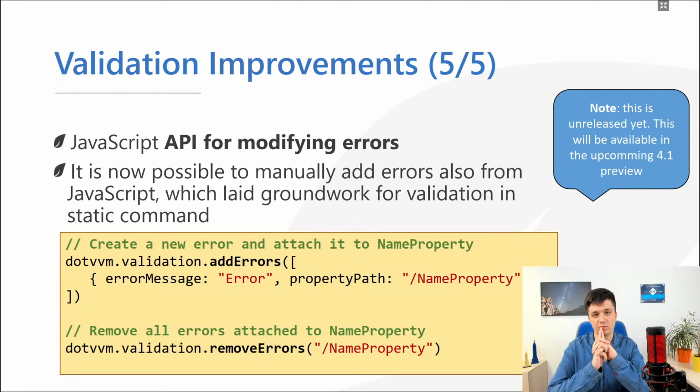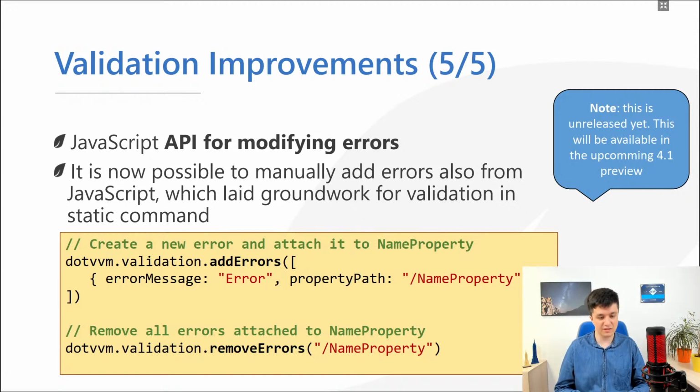Now, I am not really expecting that many users will be using this API, but it is nice that it is there, because it is also laying the groundwork for our future work that I'll be talking about a bit later, that we want to perform validation also during static commands. So just a brief overview so you know what we are working on internally.